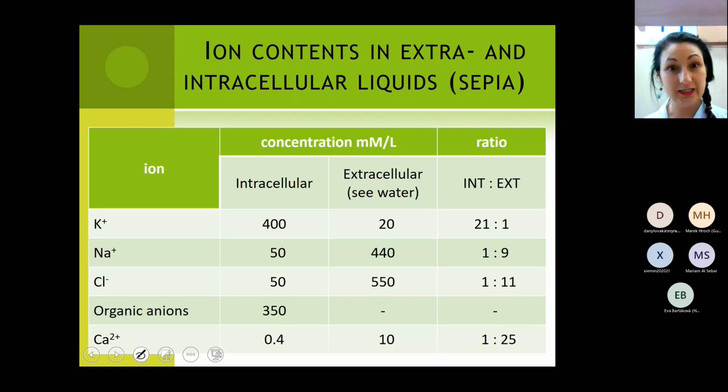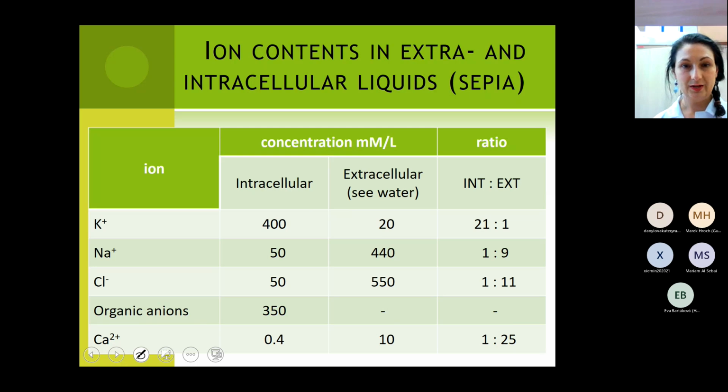So how does it look? Why do we have this distribution of ions? The reasons are evolutionary. We spoke in the first lecture about how life was created, that probably it was created in the water, in the seawater. So that's the reason that the concentration and content of intracellular and extracellular water is quite similar.